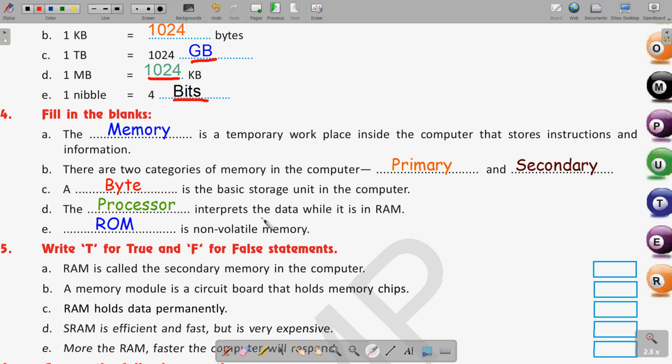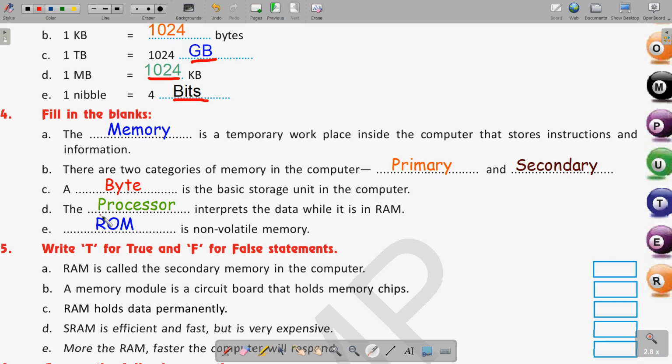So what is the basic storage unit in the computer? It is byte. Bit is the smallest, but a bit has no existence individually. Whatever instructions are saved, the smallest one is byte. Clear? So byte is the basic storage unit in the computer.